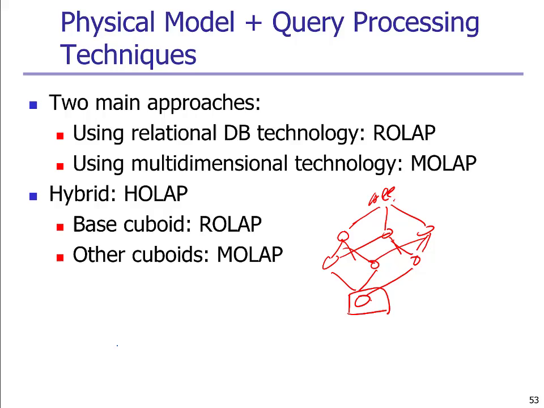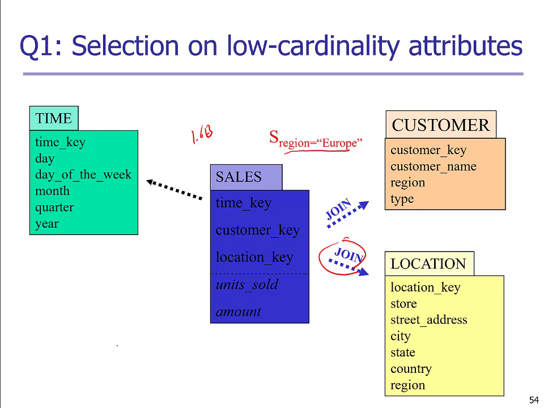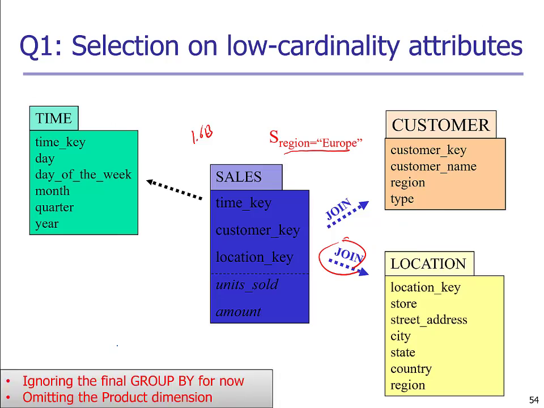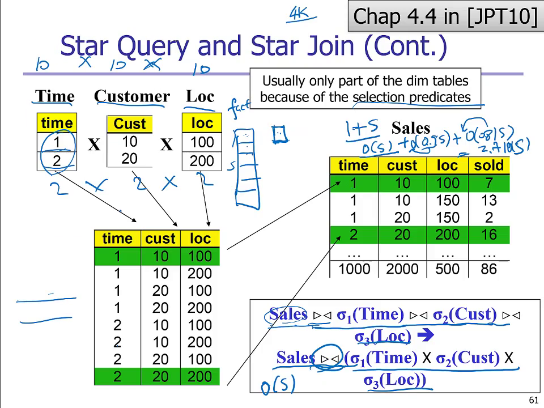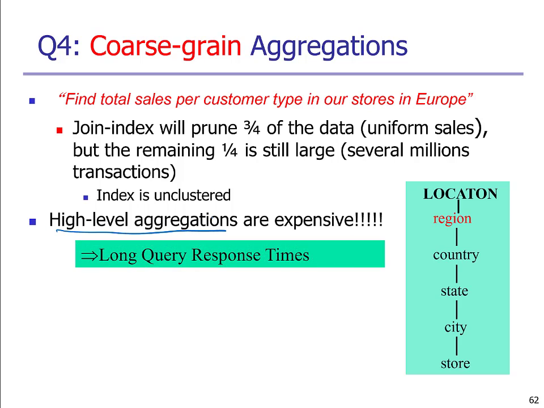So we have discussed the indexing and query strategies for join and for selection. Now we consider the techniques for this kind of group by or aggregation. So we consider these coarse grain aggregations, which are basically the high level aggregations. For example, we have assumed that the query is to find total sales per customer type in our stores in Europe.